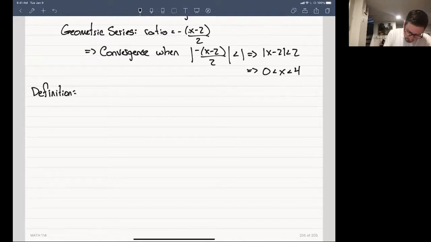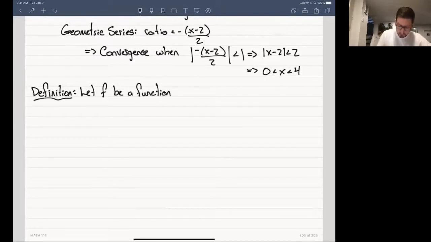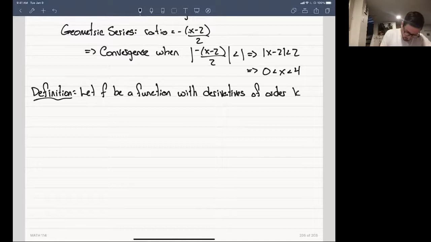So let me give you the proper definition of everything that I was just talking about. This is what's called a Taylor polynomial. So let's say, let f be a function with derivatives of order k for k equal to 1, 2, up to n.